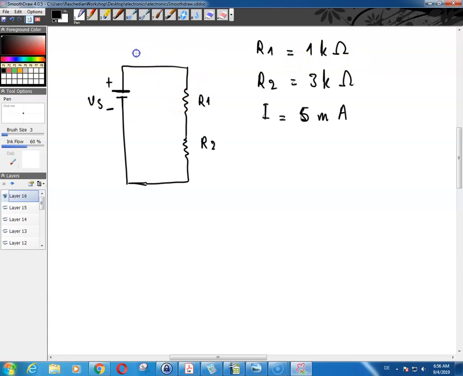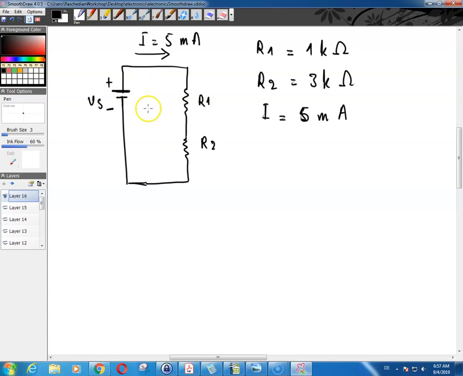That means that the current going in this direction, using the conventional current flow, is I equal to 5 milliamps, and your R1 and R2 are 1 kilo ohm and 3 kilo ohm, and the value of your power supply you don't know.